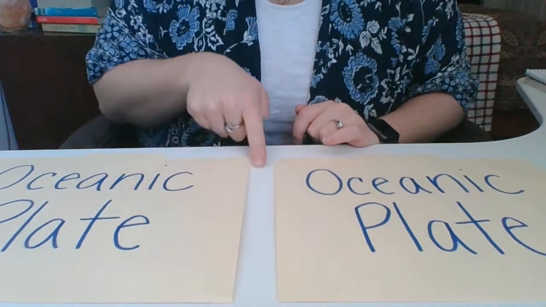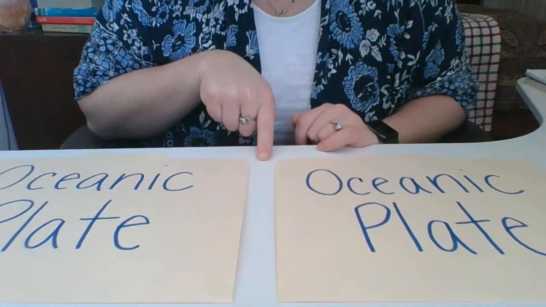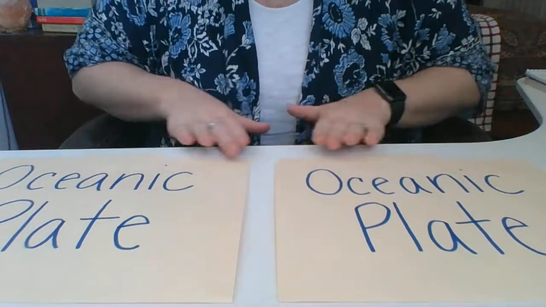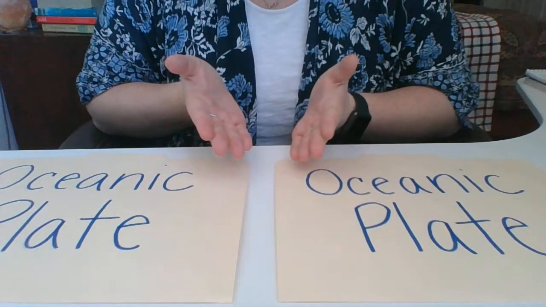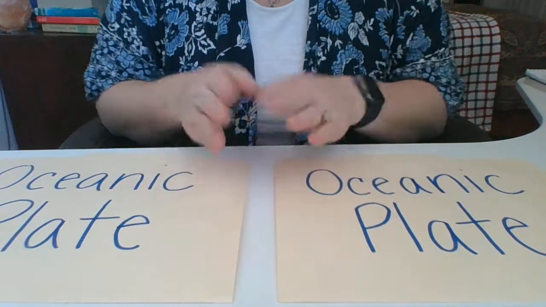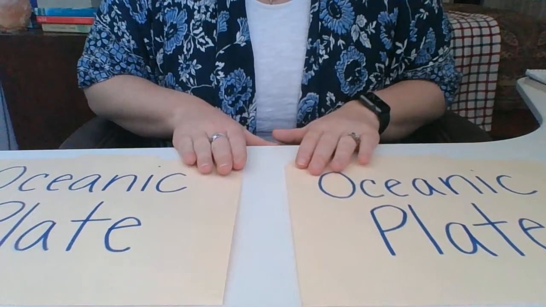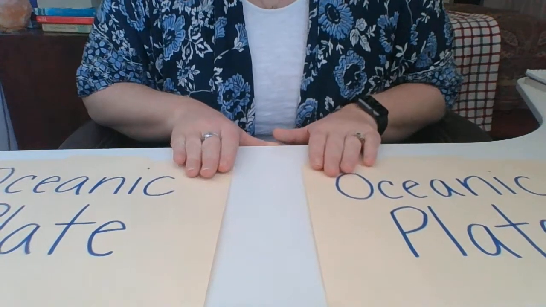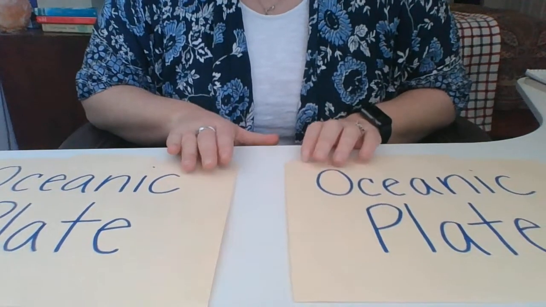This creates a space where new crust can be made because lava is going to pool underneath and come up and cool, and it's going to continue to build new crust as the plates move farther and farther apart. This is something called a ridge.